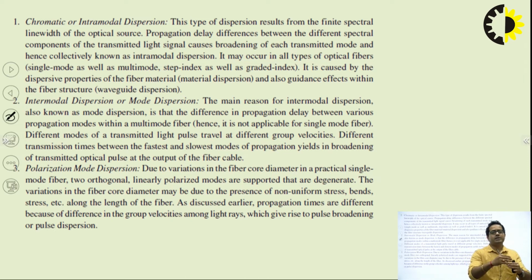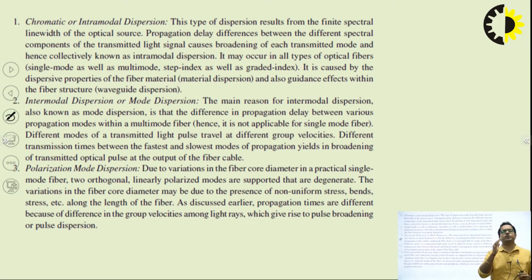It is basically the orientation of the electric field of the light. The direction in which your electric field is oriented is the polarization of a wave or a mode.